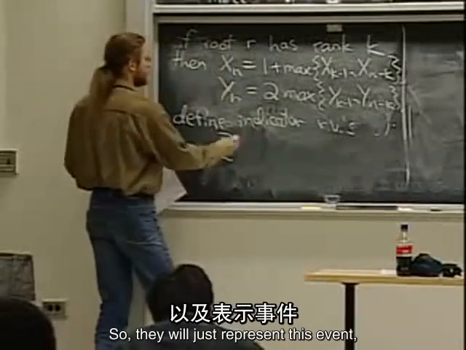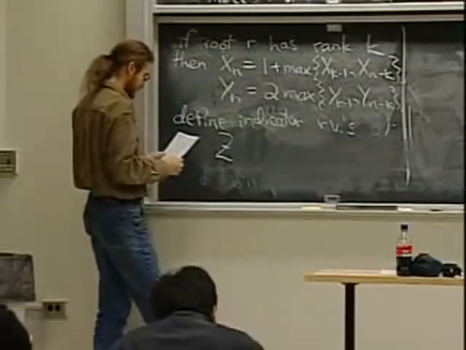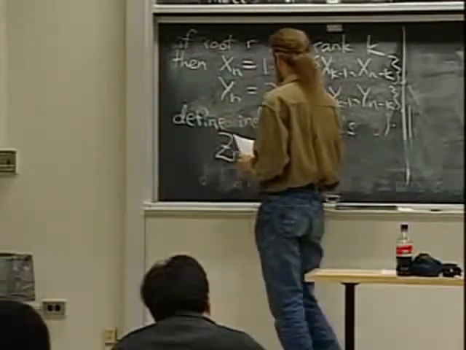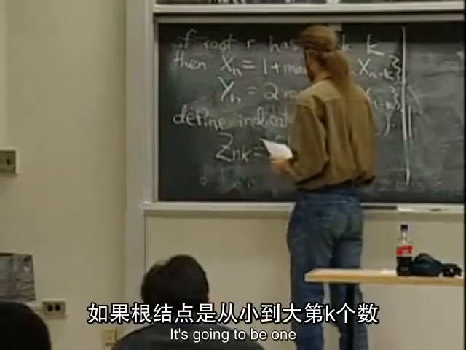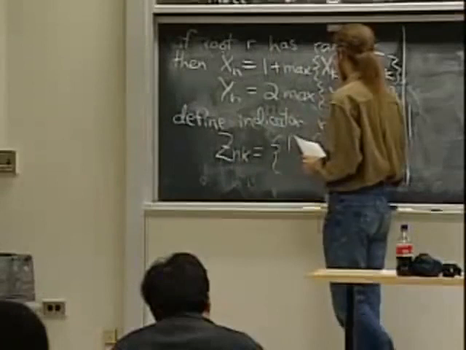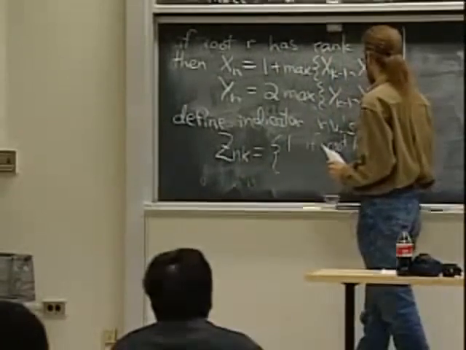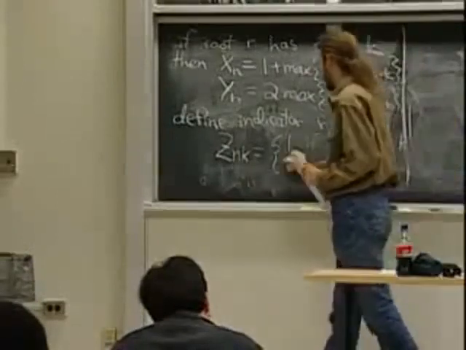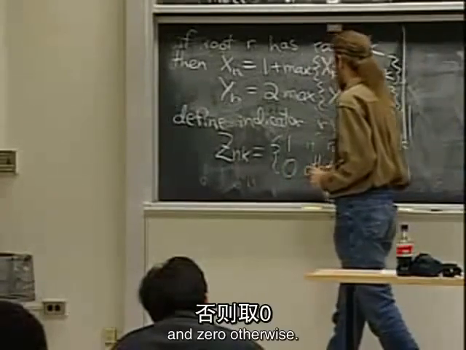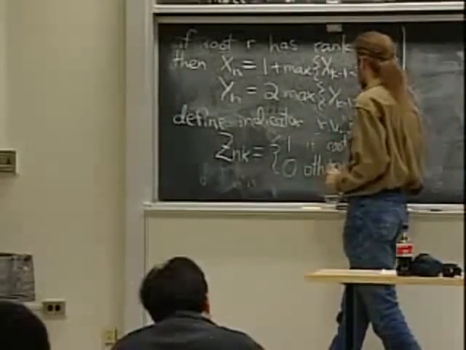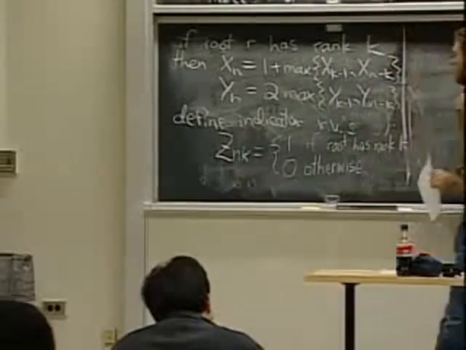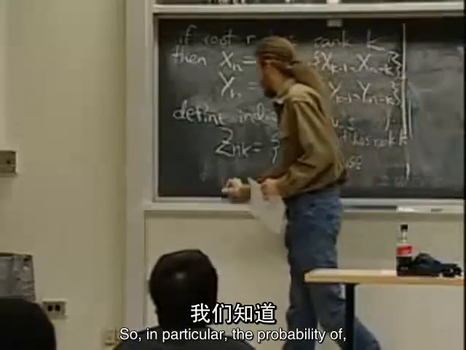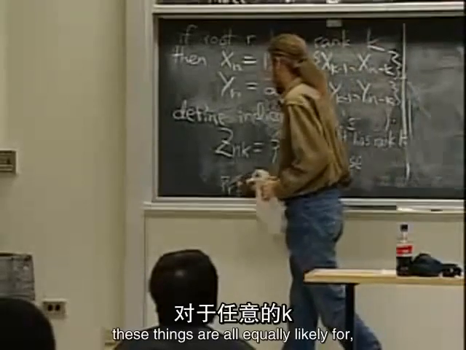So they will just represent this event, and we'll call it znk. It's going to be 1 if the root has rank k, and 0 otherwise. So in particular, these things are all equally likely.